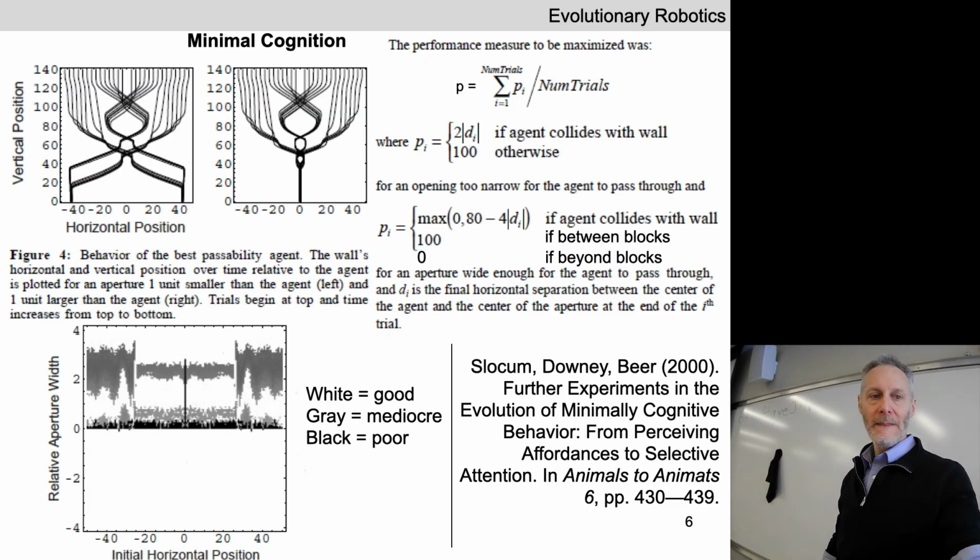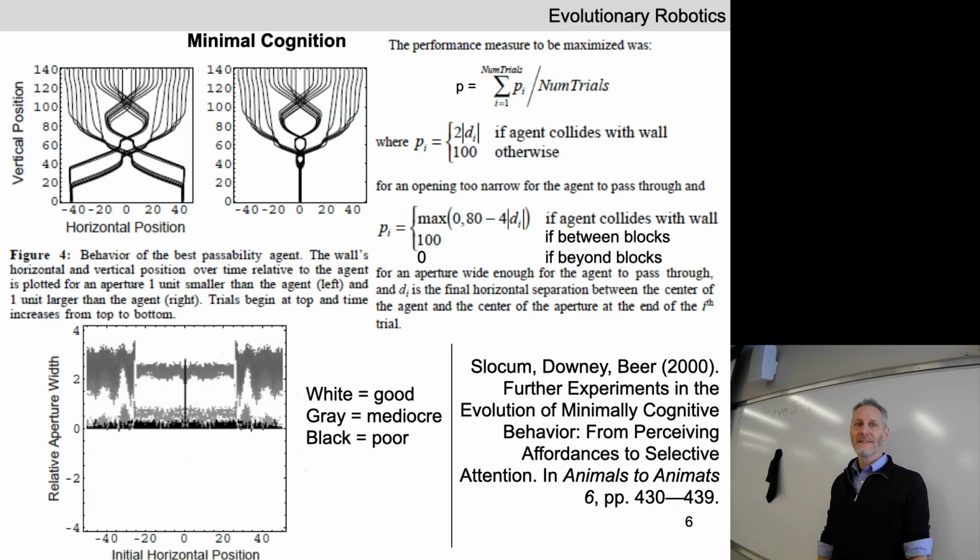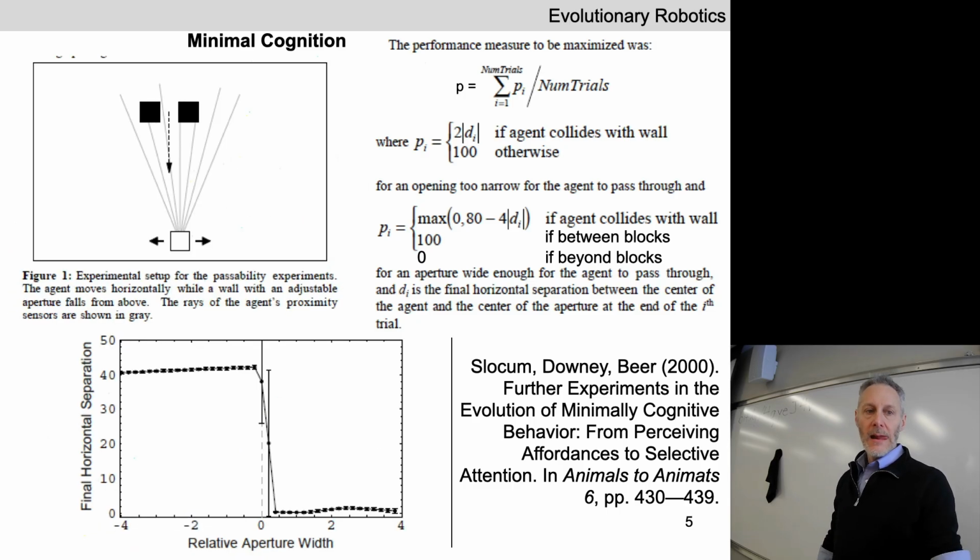Question? Seems like there's a discrete number of ray casts, and they have quite a distance between each other. So maybe an evolved strategy is moving to get better resolution. I know LiDARs do that. Great point, right? So this robot is, again, minimal. It's almost blind, right? It doesn't get this beautiful Technicolor field of view.